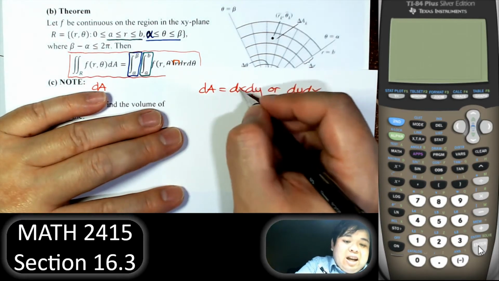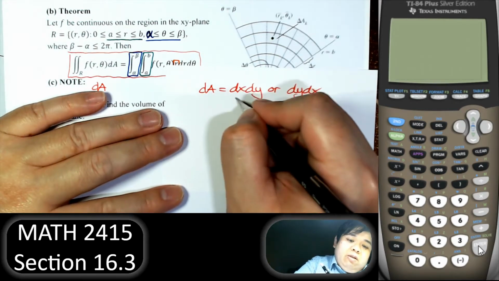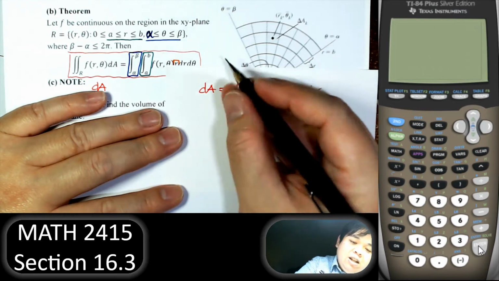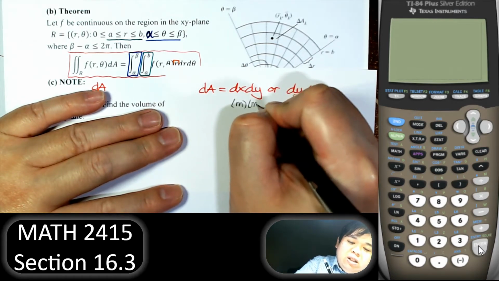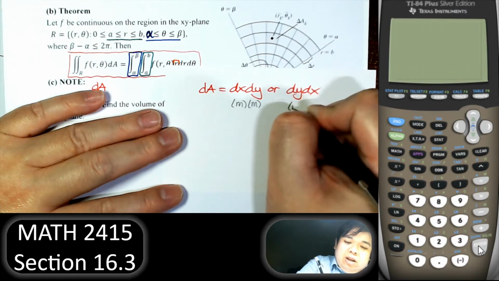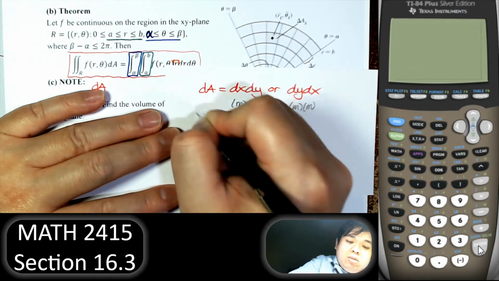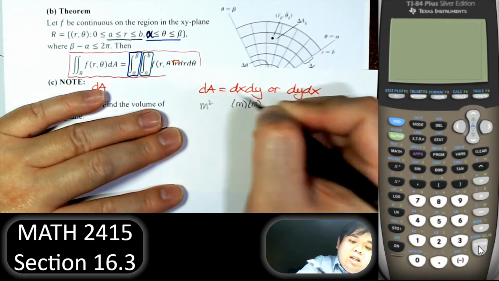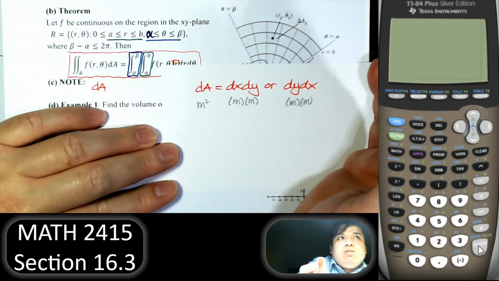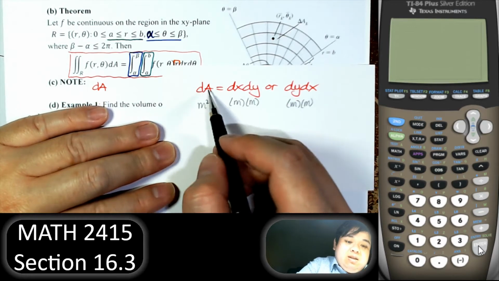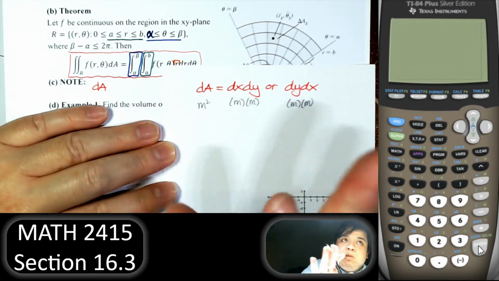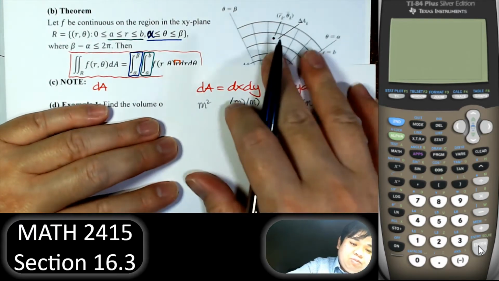Let's say x is the unit of length, for example meters, and y is also meter. So for dA it is meter squared. That sounds about right, because dA is like the area, so meter squared is perfectly fine there.